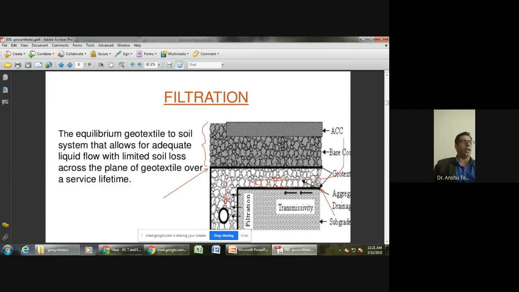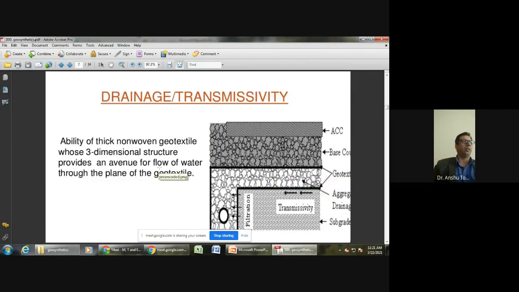A system that allows for adequate liquid flow with limited ability of thick non-woven geotextile, whose three-dimensional structure provides an avenue for flow of water through the plane of the geotextile. That means, as you might have seen, for drainage purposes, we use several types of materials.